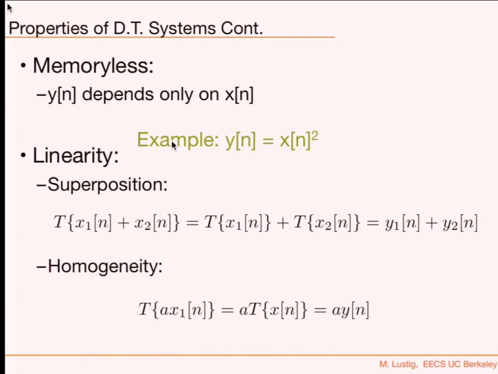But how about if two of us shout into the microphone? If two of us shout, that might be a little bit too much, and we're going to go out of the linear regime of the amplifier, and the output is going to be distorted. So some systems will have linearity across a certain range, which is a good thing.